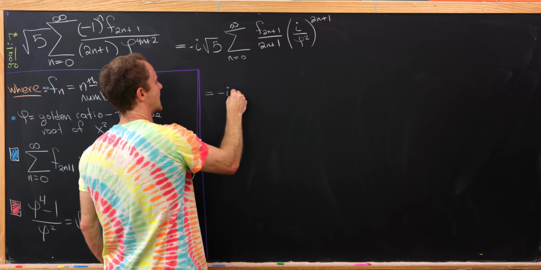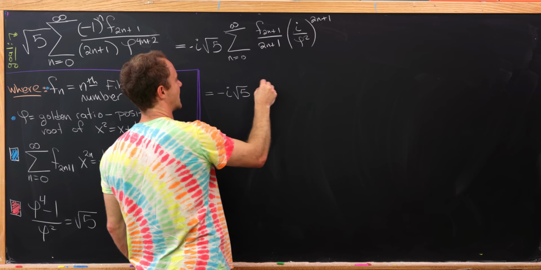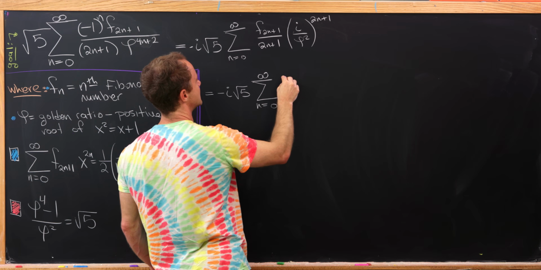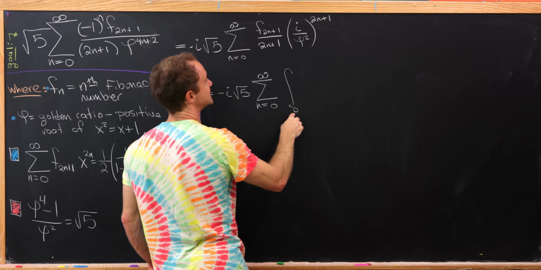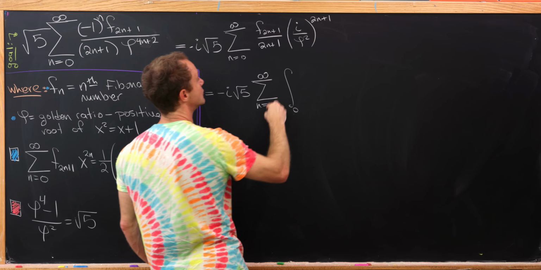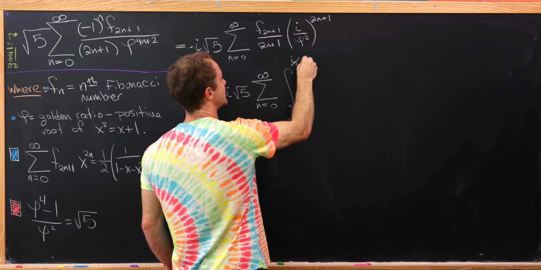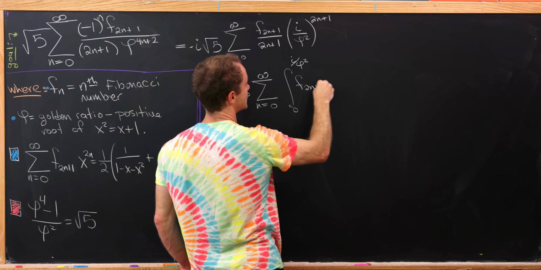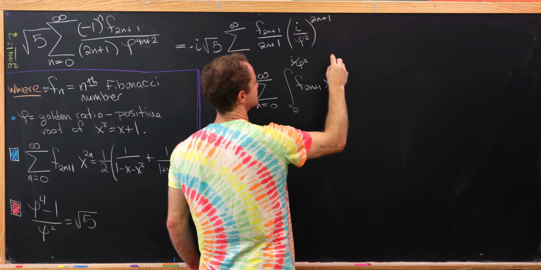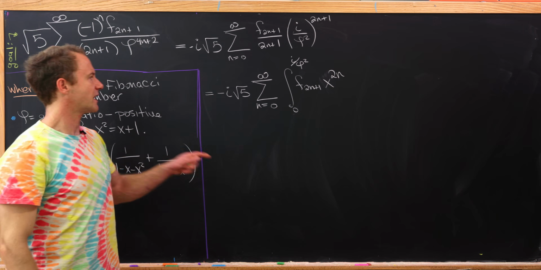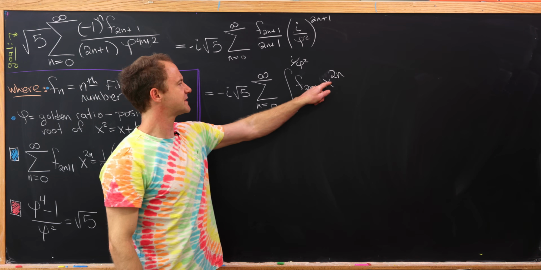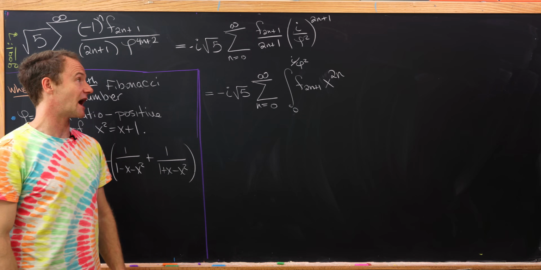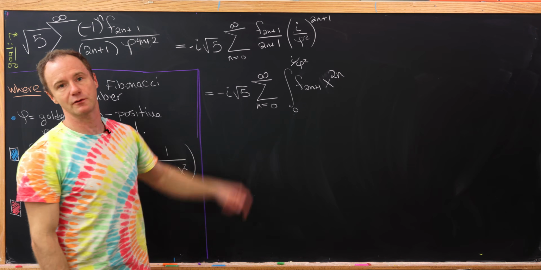So this will be minus i times the square root of 5 times the sum as n goes from 0 to infinity, and then we'll have the integral from 0 up to i over phi squared of f sub 2n plus 1 times x to the 2n. Okay, so let's look at this again. Notice if we raise the exponent by 1, divide by the new exponent, and evaluate it at i over phi squared, we get exactly what we have up there.